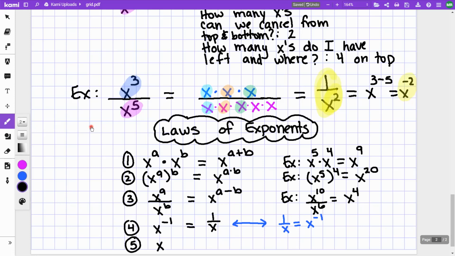Okay, if I have x to the negative m, where it's any negative exponent here, that's going to be 1 over, the negative makes it 1 over, and it's going to be x to the positive m.